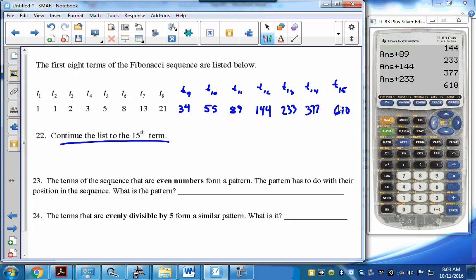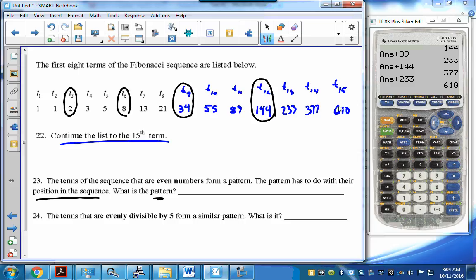The terms of the sequence that are even numbers form a pattern. The pattern has to do with their position in the sequence. What is the pattern? Let's find the even numbers. Okay, so that one's an even number. That one's an even number. That's an even number. That's an even number.